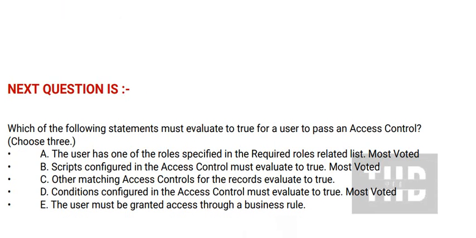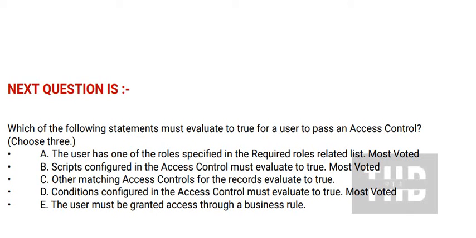Next question is, which of the following statements must evaluate to true for a user to pass an access control? Choose three options. Option A, the user has one of the roles specified in the required roles related list. Option B, scripts configured in the access control must evaluate to true.